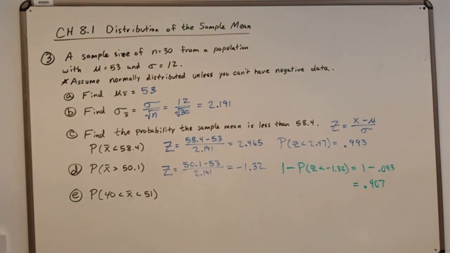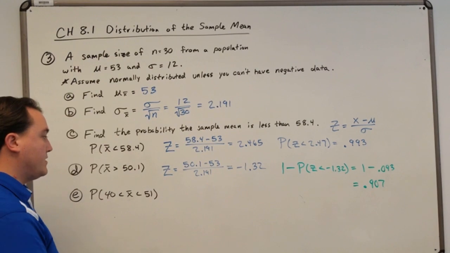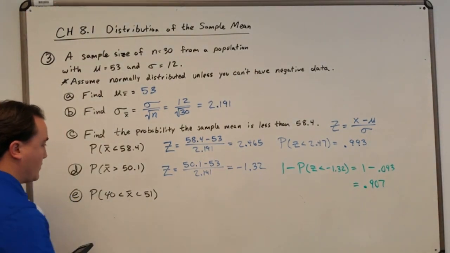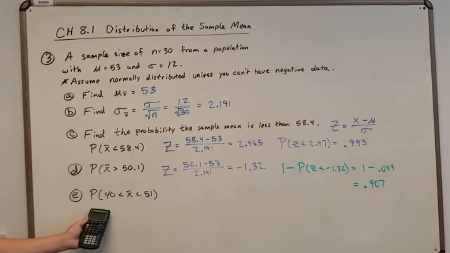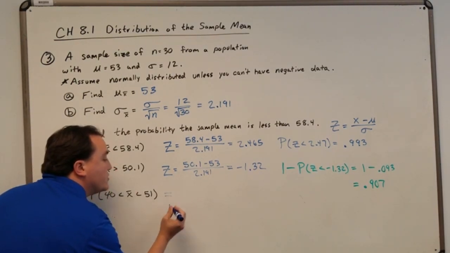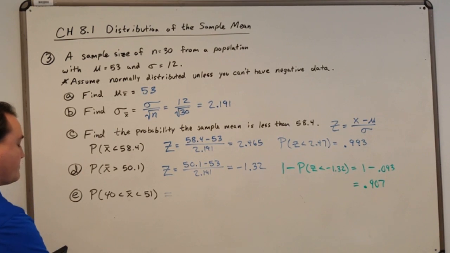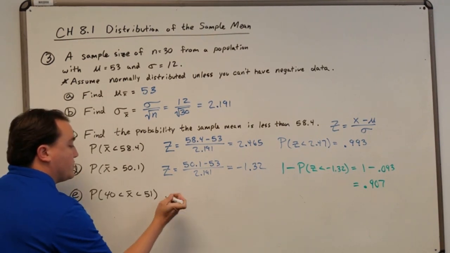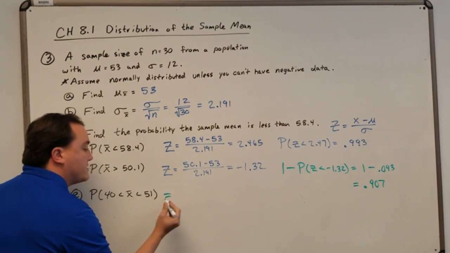If you know how to use the table right, you could skip that step, but it's better just to do it this way. So for here, we're bounded between two places, between 2 x's. So we have to find the z-score for both those x's.